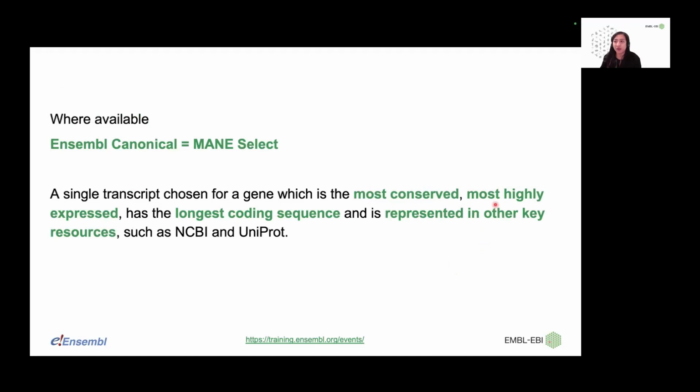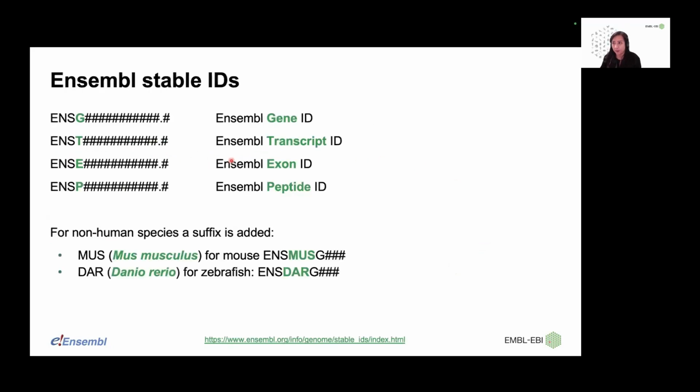And wherever available, the Ensembl canonical transcript is usually also the main select transcript. Okay, so all features in Ensembl have an Ensembl stable ID assigned to them.